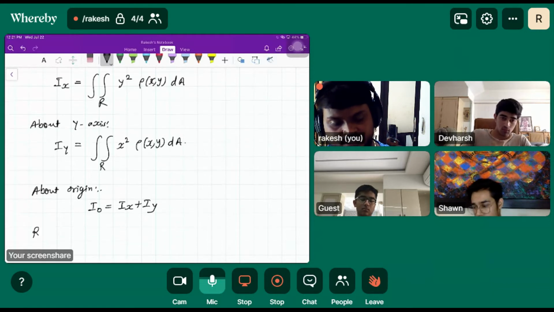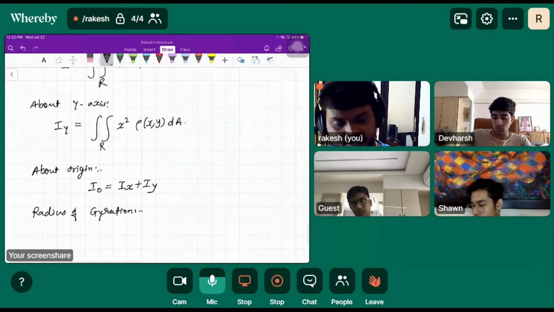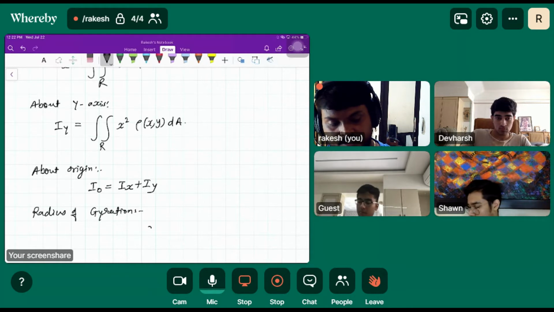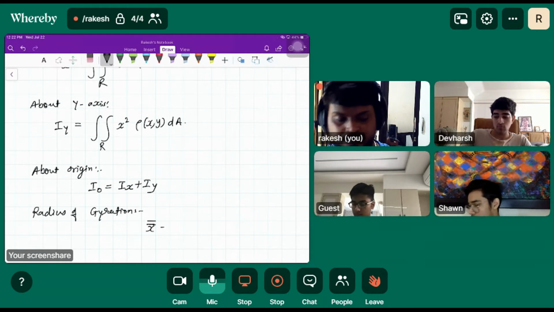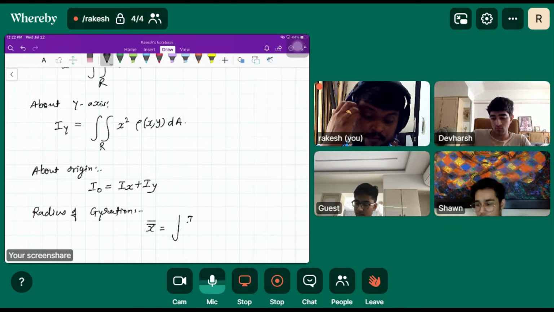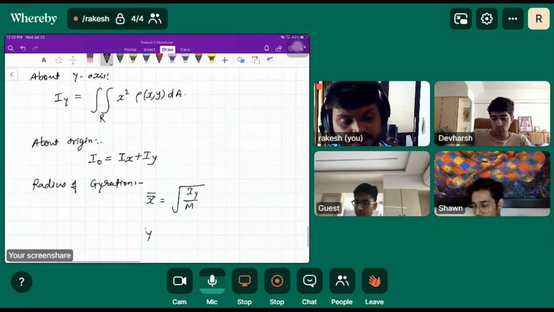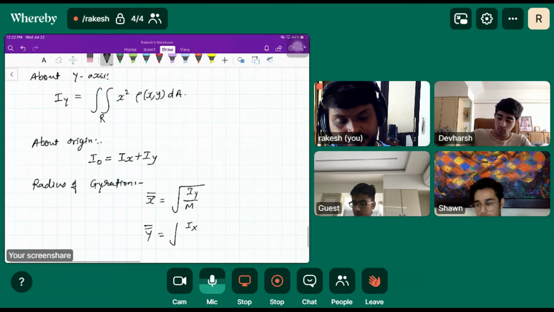and the radius of gyration, the concept is same as center of mass. So radius of gyration is root of Iy upon m. This is x coordinate, and the y coordinate is root of Ix upon m.